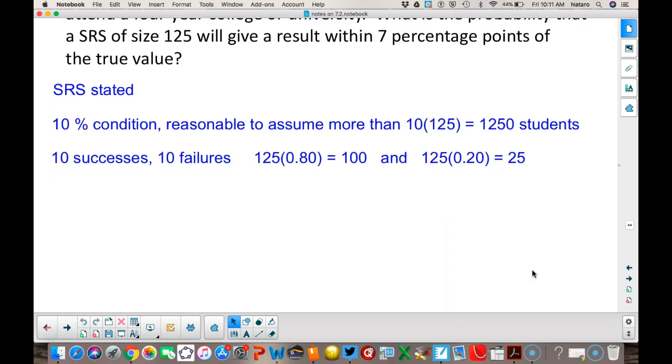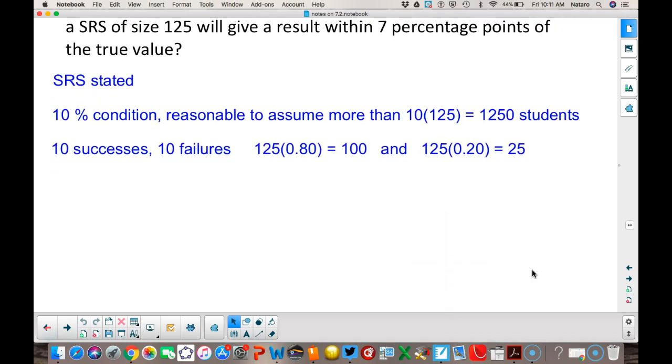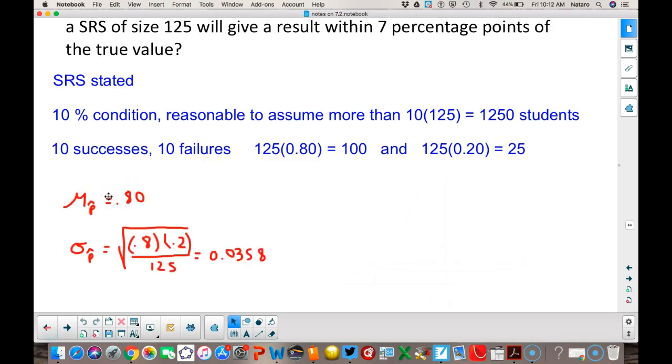Now let's talk about the mean of our distribution and our standard deviation. If the true percentage of students going to a four-year college is 80%, and we took a sample of 125, we might not get exactly 80%.